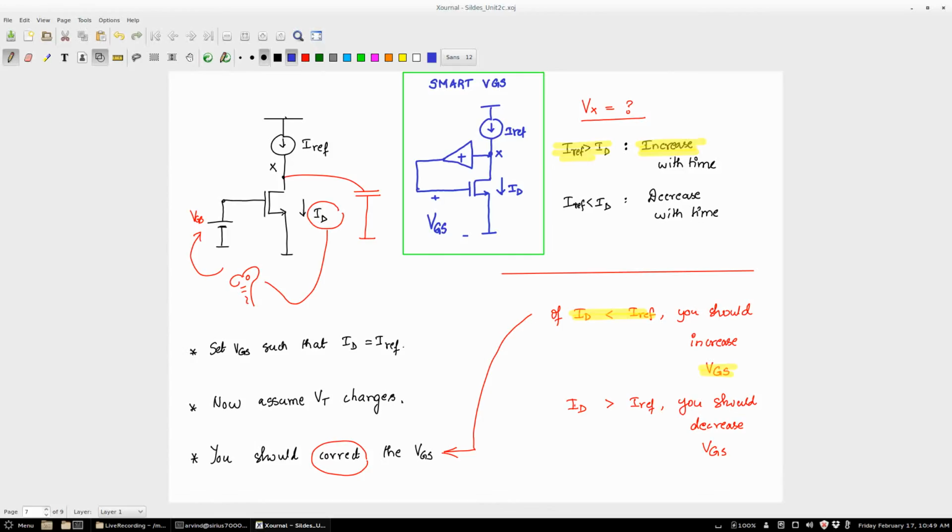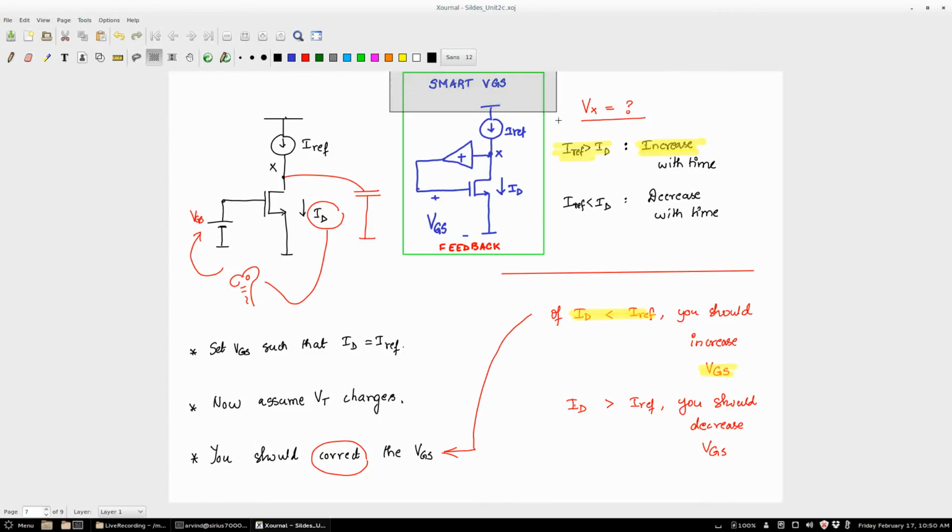So what will be the value of VGS now? The value of VGS that develops across the gain source will now be smart. If your VT changes, no problem. Your Vx will change in such a way that this VGS will compensate.